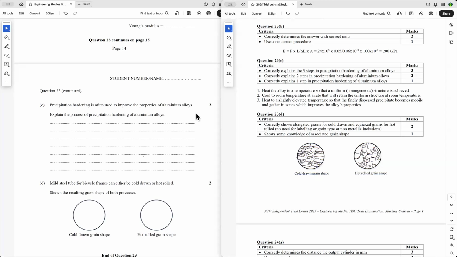Now, when they form the zones, they're straining the bonds, and it's making the material harder, stronger, and less ductile. And that's what precipitation hardening is.